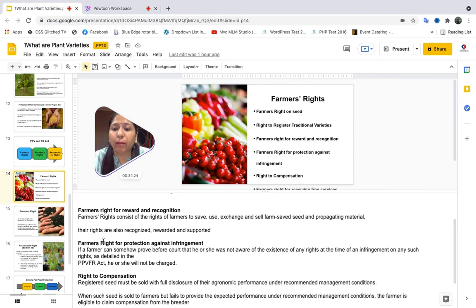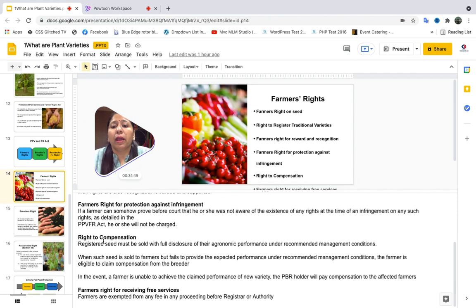So that farmer, if he can somehow prove before the court that he or she was not aware that it is a protected variety, that he or she is infringing the right of any other breeder or a farmer, they will not be charged by the government. They will be protected against this infringement if somehow they prove that they didn't know.